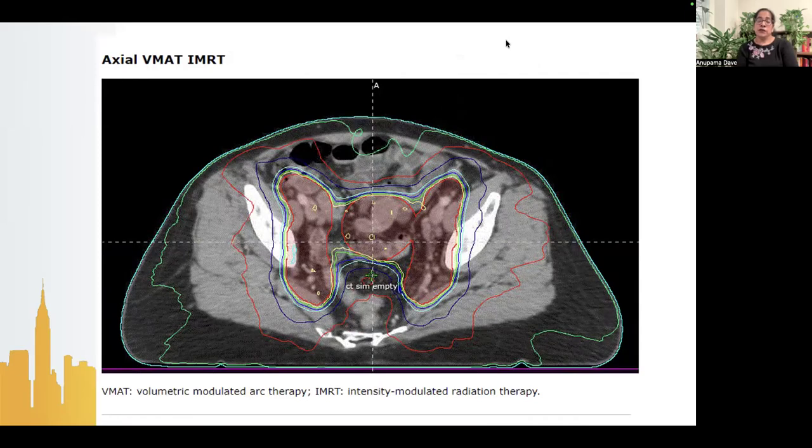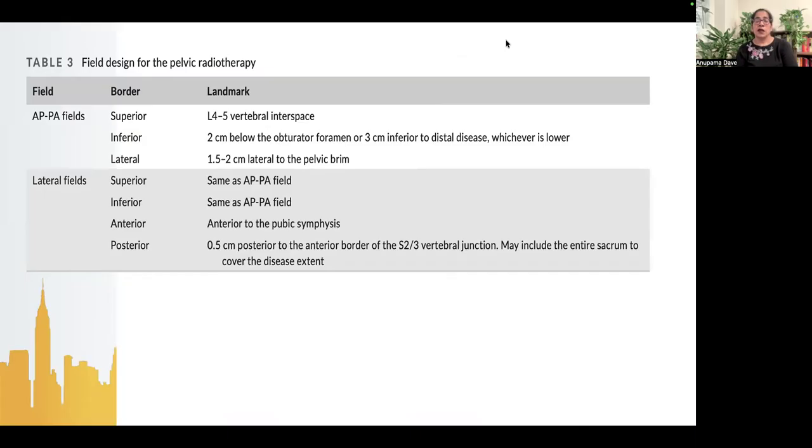Then there's a term, volumetric modulated arc therapy, IMRT, and the volume to be delivered is subsequently adjusted. In the field design, the borders are identified in AP fields and lateral fields, and a specific amount of radiation is given to each border, to each area.